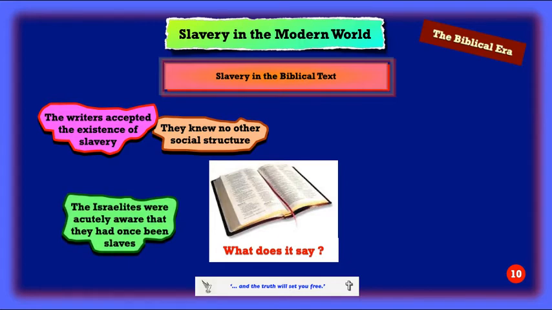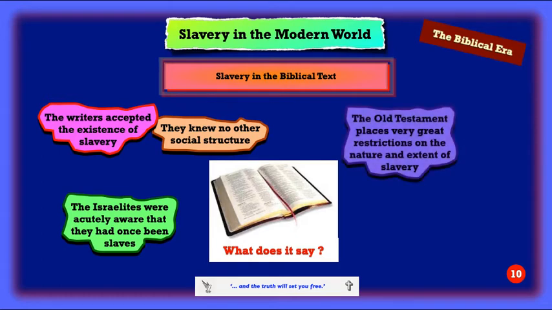But particularly in the Old Testament period, the people of Israel were acutely aware that they had once been slaves. They were slaves in Egypt before God rescued them. And they didn't want to put others through that experience. And that's why in the Old Testament there are great restrictions on the nature and extent of slavery.